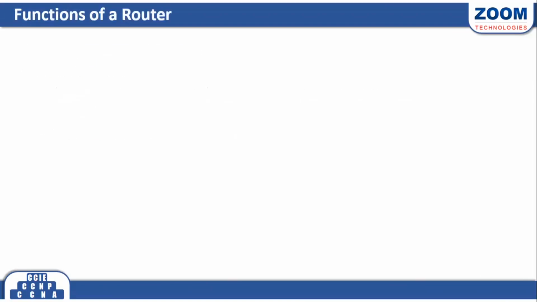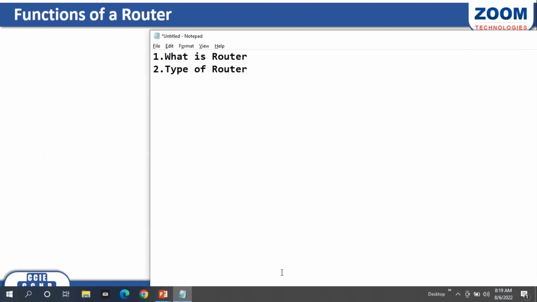Point number 3, functions of a router. Router functioning is to reach the destination if you have multiple paths. Router finds the shortest path.